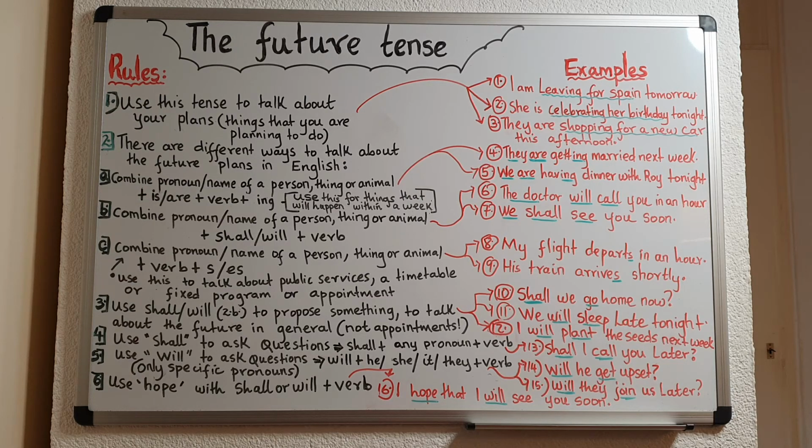But rule number 2B, we use it to propose. To propose means to suggest something or to talk about the future in general, okay? Not specific. You're not specific about the time. It's in general, okay? Let us look at how to apply that rule.